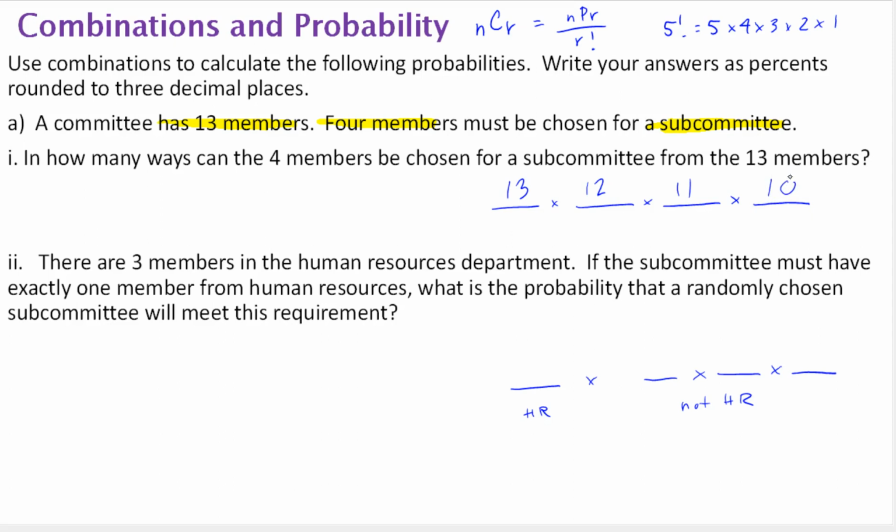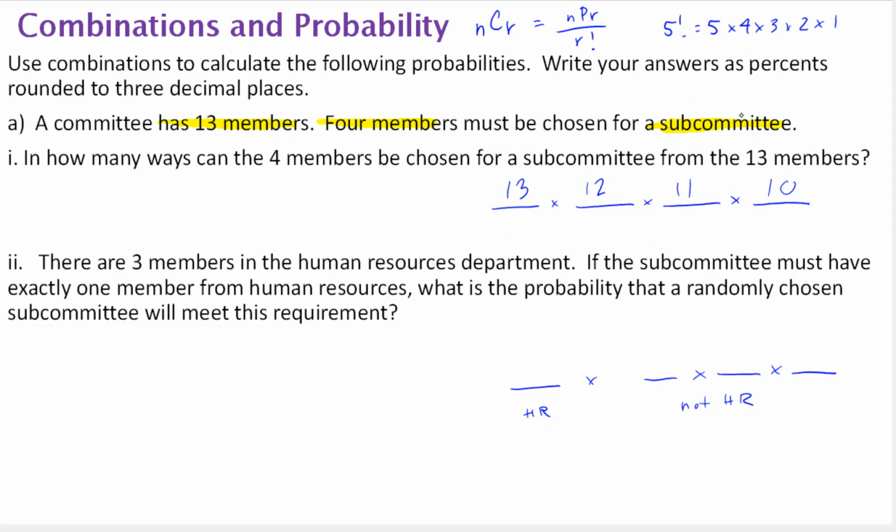But what's different about a combination is that here we're choosing 4 people for a subcommittee as opposed to the example where we chose 4 people for, say, president, vice president, secretary, and treasurer. Here we only care if the people are on the subcommittee or not.